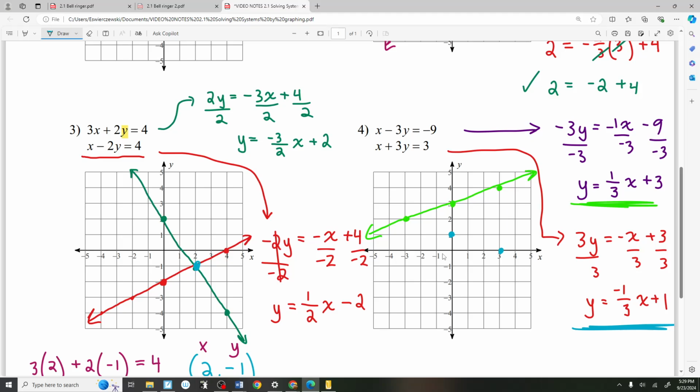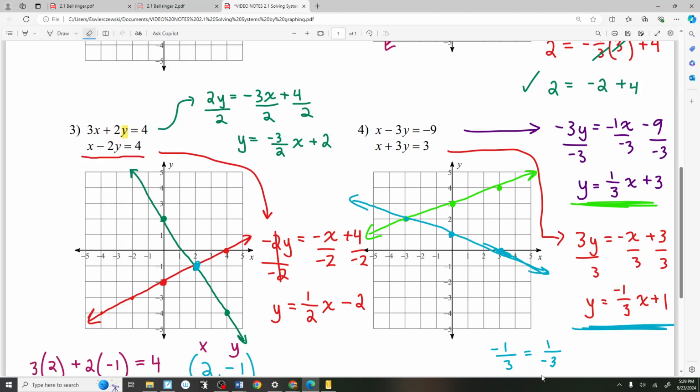Or, and I mentioned this in class, you can always interpret the slope instead of this as this. So what I'm saying is you can stick the negative in the numerator or the denominator, it doesn't matter. So if you think of it this way, you would go up 1 to the left 3, up 1 to the left 3, and when you graph that line, oh whoops, alright, well, good enough, pretend that was better.